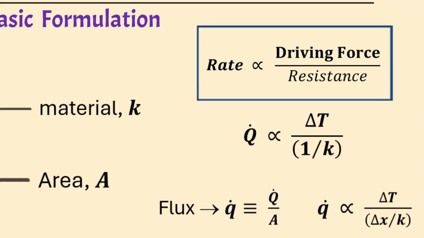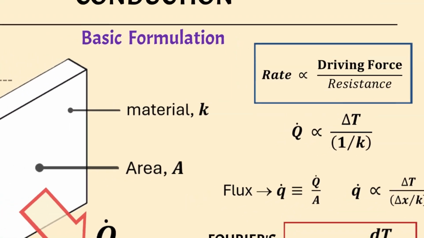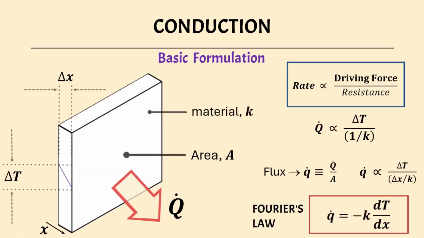The slab thickness must be accounted for, also, since the resistance to heat flow is proportional to delta X. Taking these together, we finally come to a more general result, highlighted here. This is known as Fourier's law, founded by Joseph Fourier in 1822. Noting that the negative sign here accounts for heat flowing down the temperature gradient. In this fundamental form, the temperature variation is considered only in the X direction.